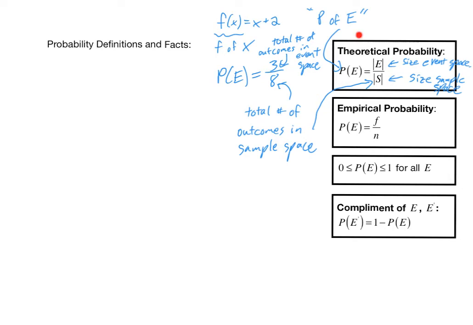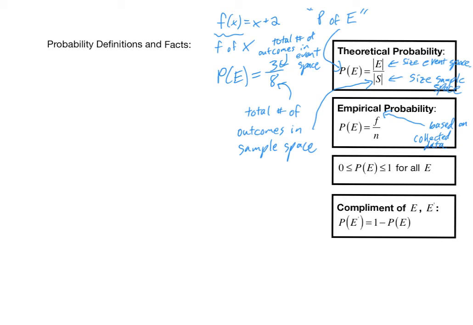Notice here we also have another probability defined. It says empirical probability. Empirical probability is probability based on collected data. You will see an example on the next screen of empirical probability.